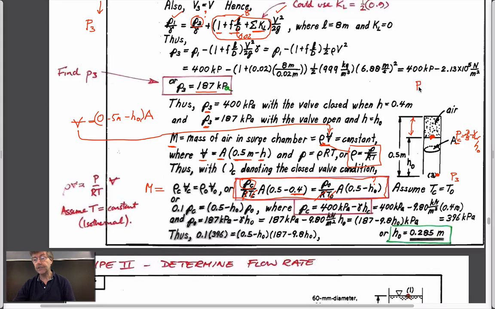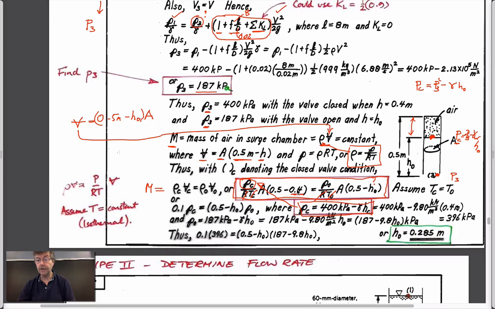So the pressure at the air cushion when it's closed is equal to the pressure at 3 when it's closed minus the unit weight times H0. Go up, you reduce the pressure. And so that's exactly what this is. If we substitute this into here, then we have this defined in terms of a height we know.